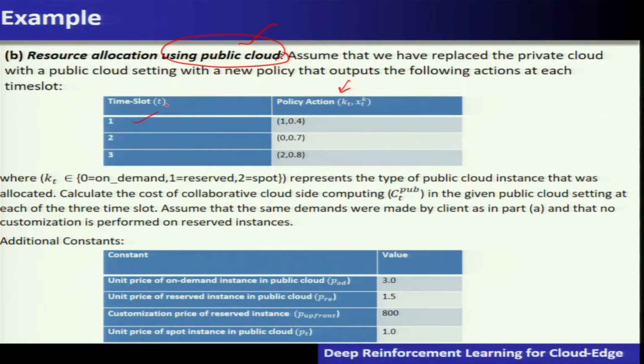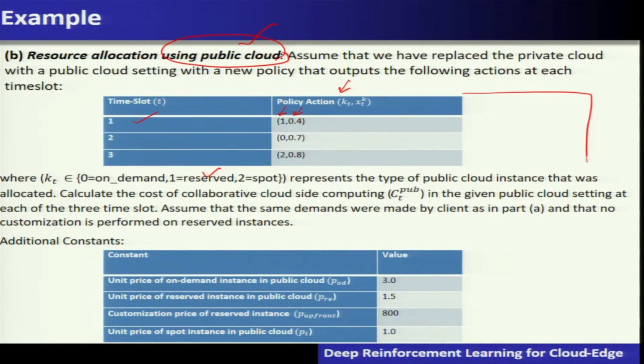At time slot 1, the policy action says the parameter k is, let us say, 1, and let us assume that 1 means the reserved instance. So for the reserved instance, 0.4 is the VM or the resource allocated.